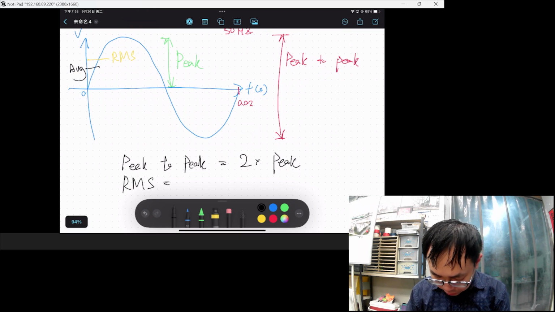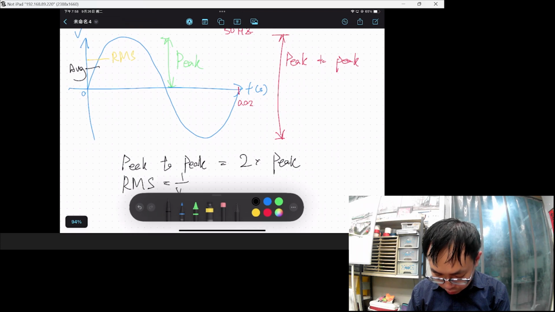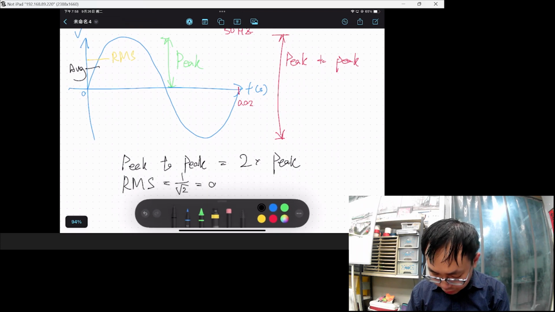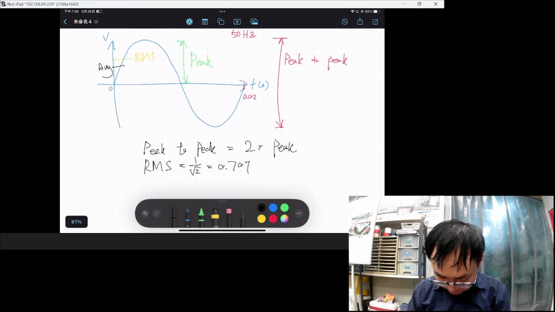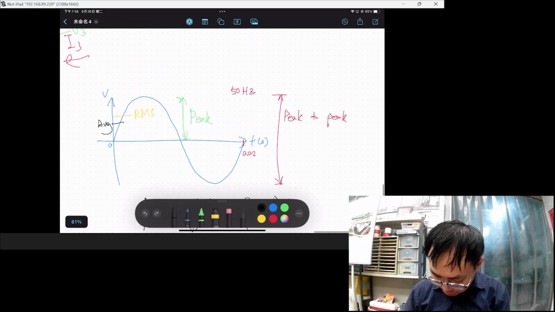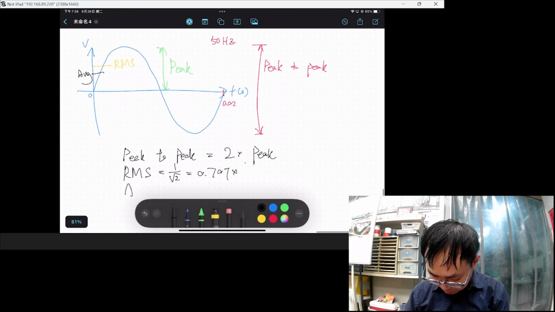RMS equals 1/√2, which is approximately 0.707 times peak.